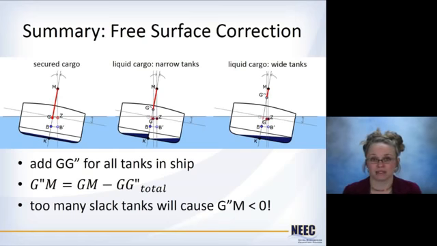Original GM minus the total free surface correction for all the tanks in your ship gives you the corrected GM overall for your ship. So you can see with this little equation that if you have too many slack tanks, that could cause your corrected GM to be less than 0. So it's definitely something you should be aware of and need to design around.